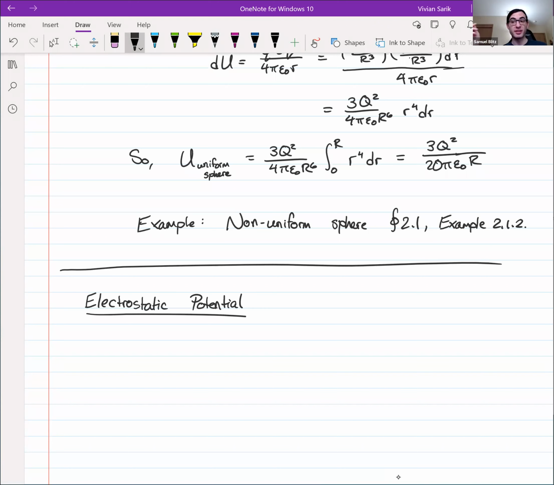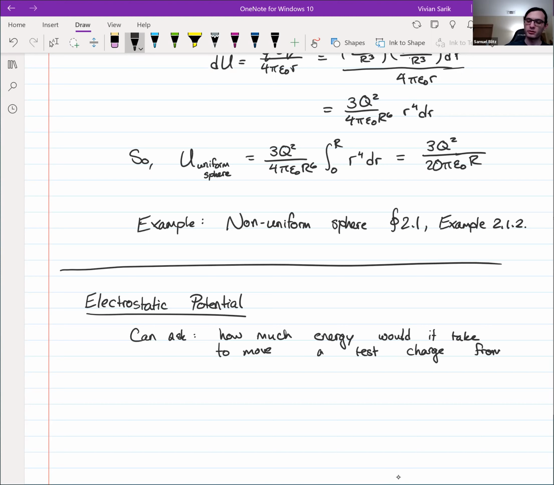So we can do something similar for the electrostatic potential energy. We can ask how much energy would it take to move a test charge from infinity to a particular place.